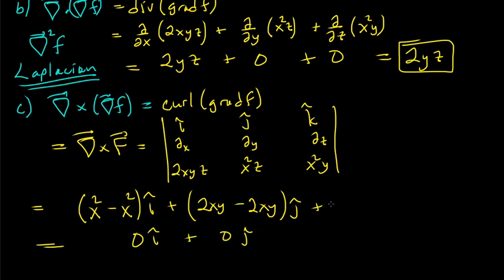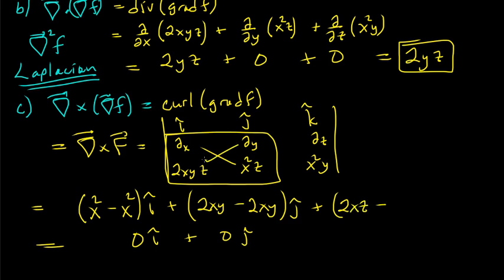But hang on, we've got to do the k component. That's going to be this determinant here. So the x partial of x squared z is 2xz. And then minus the y partial of 2xyz is 2xz. So that's 0 as well.